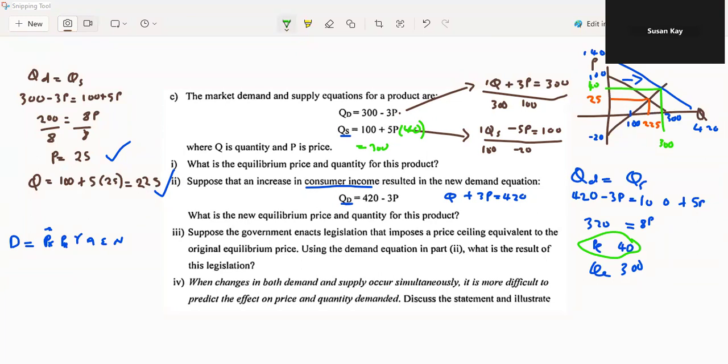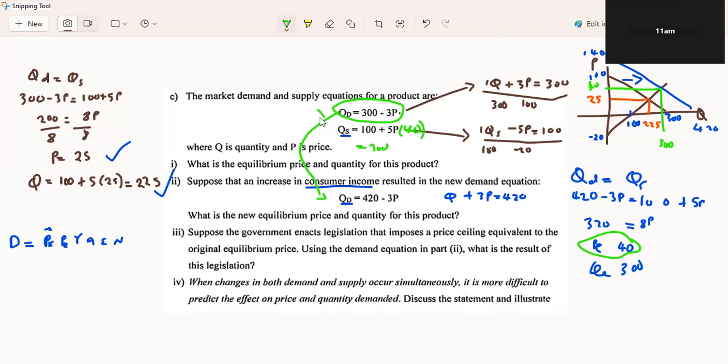I still can't get it, because I got the 300 from quantity demanded, when I put in the 40, 300 minus 3 times 40. You can't use this, because the quantity demanded changed to this one here. So you can use this one and this one, either of these two. You can either put it here or in this one here.